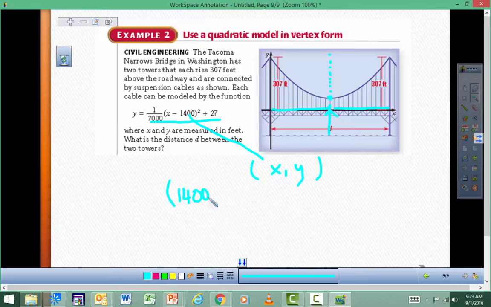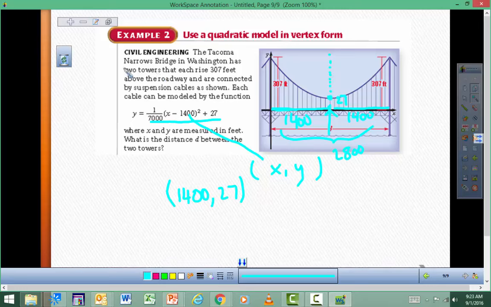And then the y coordinate is 27. So if you go over this way 1400 and you go up 27 right there, that's where the vertex is. So how far is it all the way across? It's another 1400, right? And so the total distance across here is 2800.